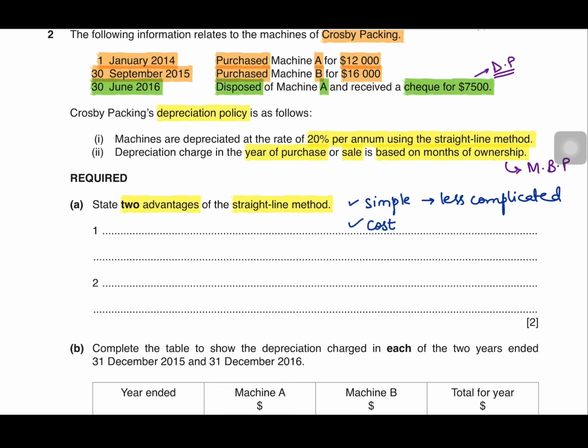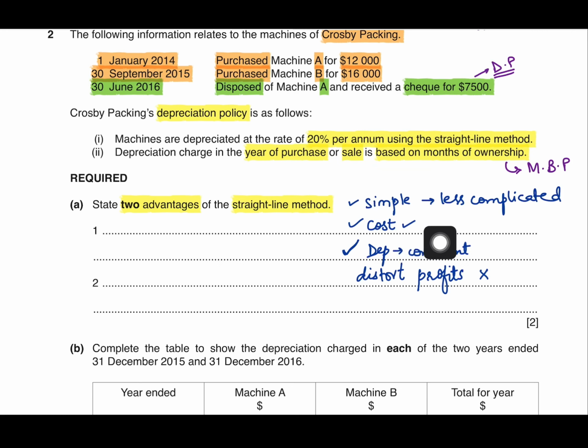One more important benefit of the straight line method is that since depreciation is charged on the cost, the depreciation expense is constant every year. It is the same every year, and this does not distort the profits, or you can also say fluctuate, as in the reducing balance method, where in the early years of the machinery or computer equipment, the depreciation charge is very high, and as years pass it keeps on decreasing, so it fluctuates the profit.